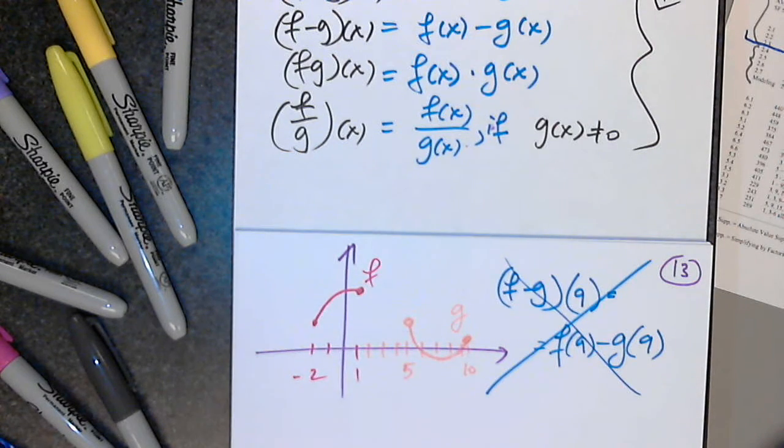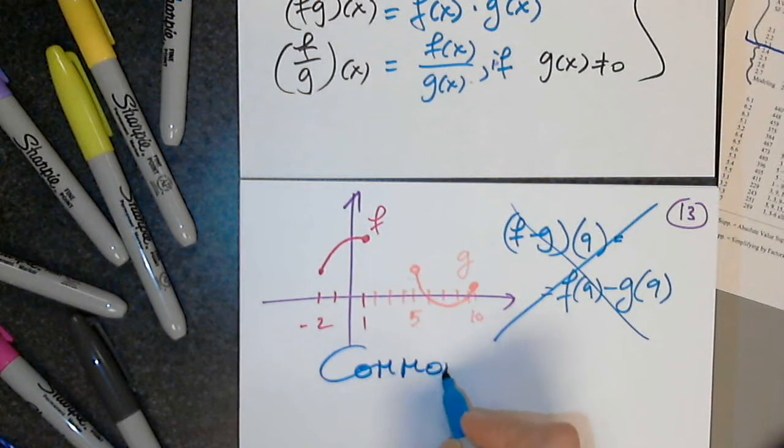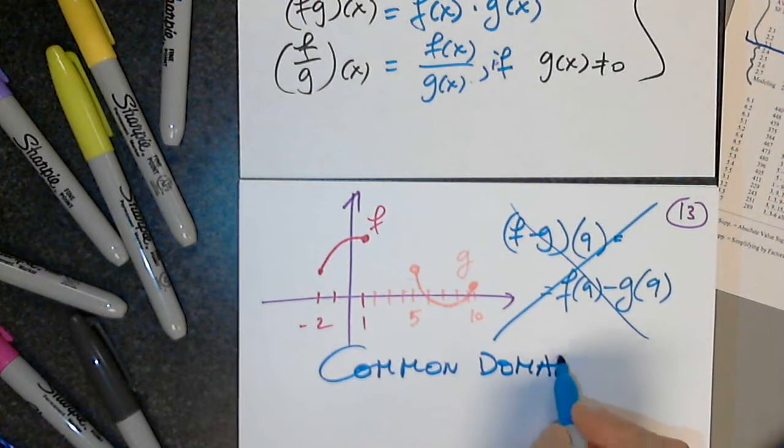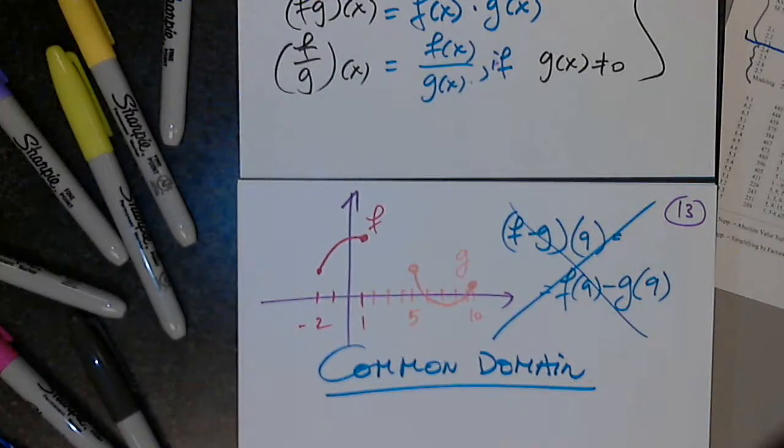Can I create the sum? Yes. What will I plug in? Of course, they don't have a common domain. The concept of common domain. If there is no common domain, I cannot add, subtract, or divide, or multiply.